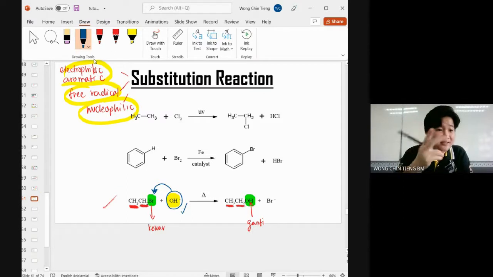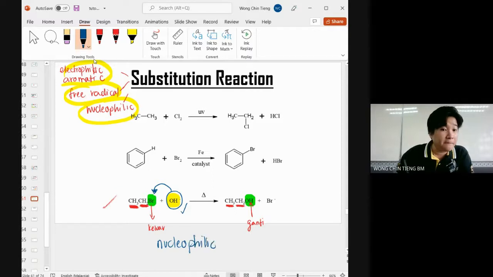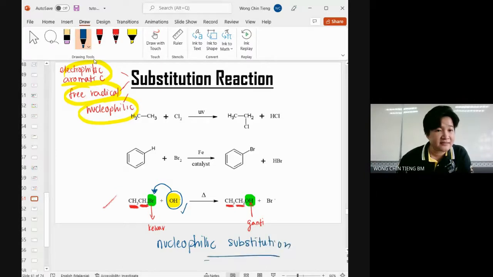Kamu ada dua je sayang. Electro, nuclear. Minus. Electro ke nuclear? Nuclear. So automatically dia adalah nucleophilic. And OH mengganti BR. So nucleophilic substitution. Make sense? Boleh sayang?